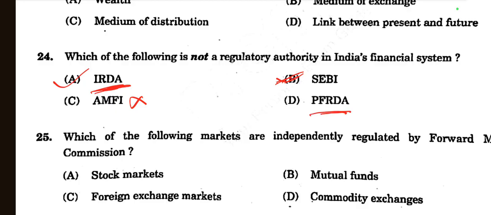Then PFRDA means Pension Fund Regulatory and Development Authority. This is also a primary financial regulator. So options A, B and D are regulatory authorities of the Indian financial system, but AMFI is not. So option C is the right choice here.